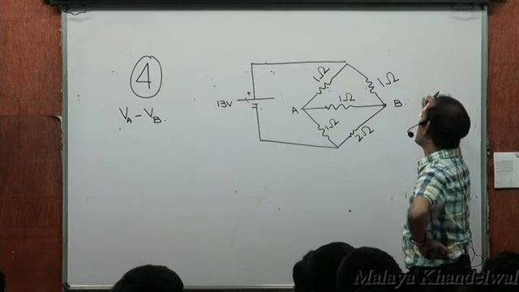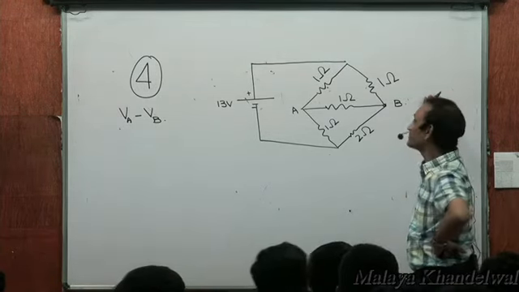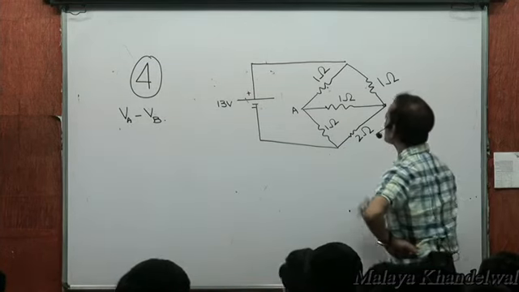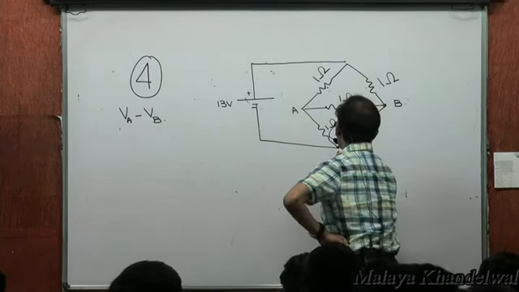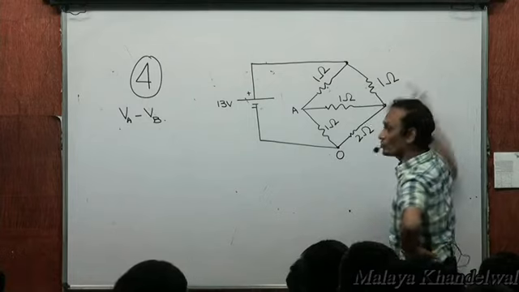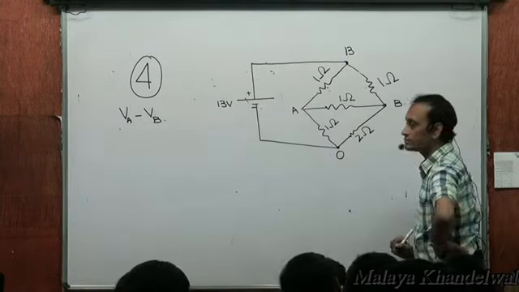Obviously, once again, it's not a balanced Wheatstone bridge. Nevertheless, if this is looked upon as 0 volts, how much is this? 13 volts. Yes, absolutely. This is 13 volts.